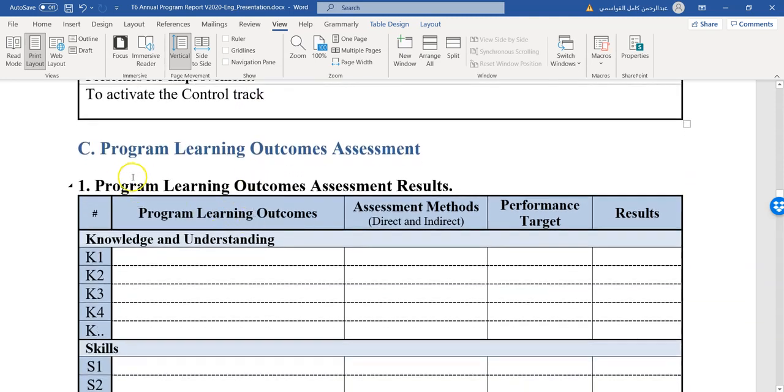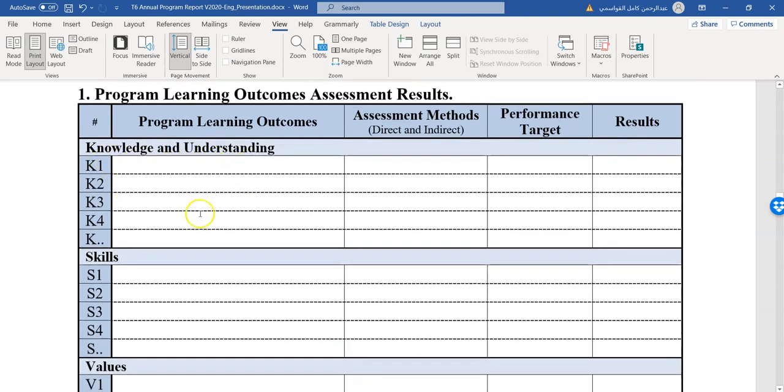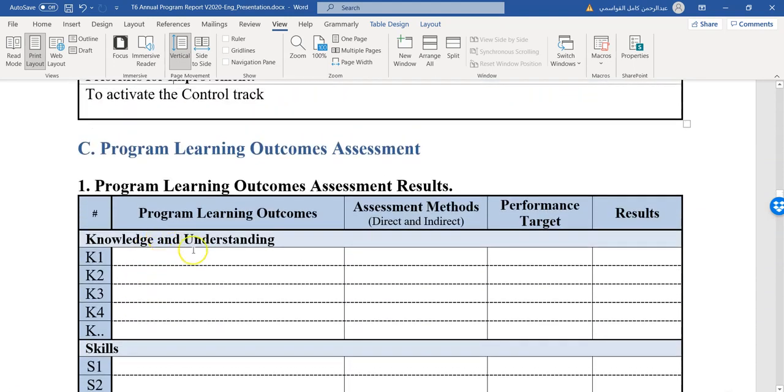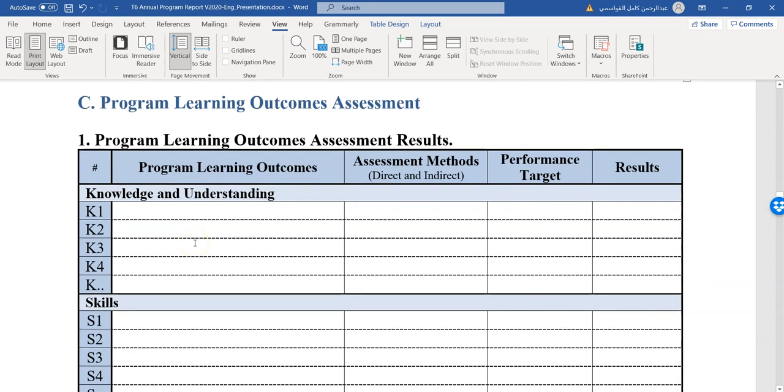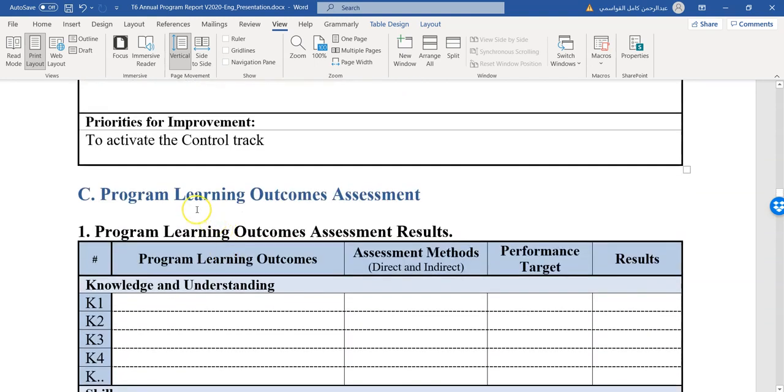Now, the next section is about program learning outcomes assessment. As you see in this form, we are talking about knowledge and understanding, skills and values. So I know that we filled using the 2017, 2018 form, which is about knowledge, skills and competence, but I have another lecture about that form, and this is about the newest and the last form from NCAAA.